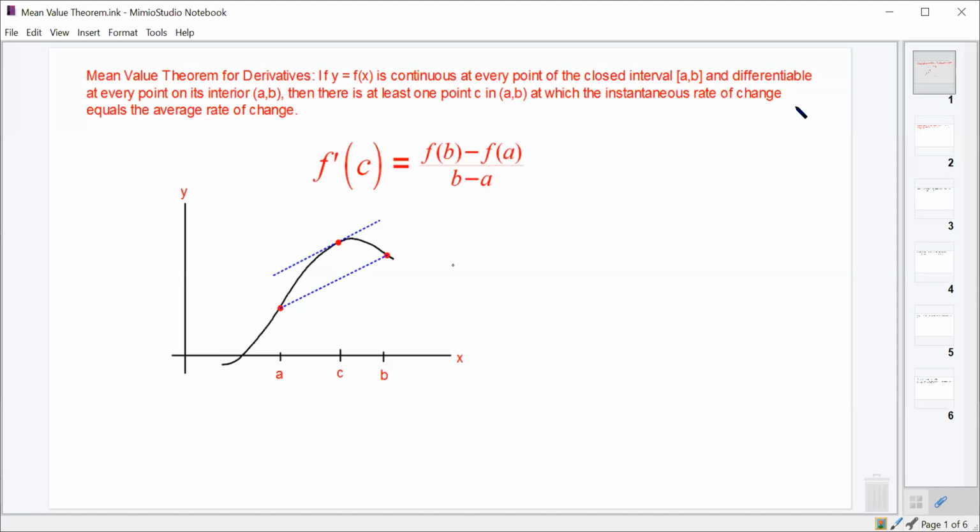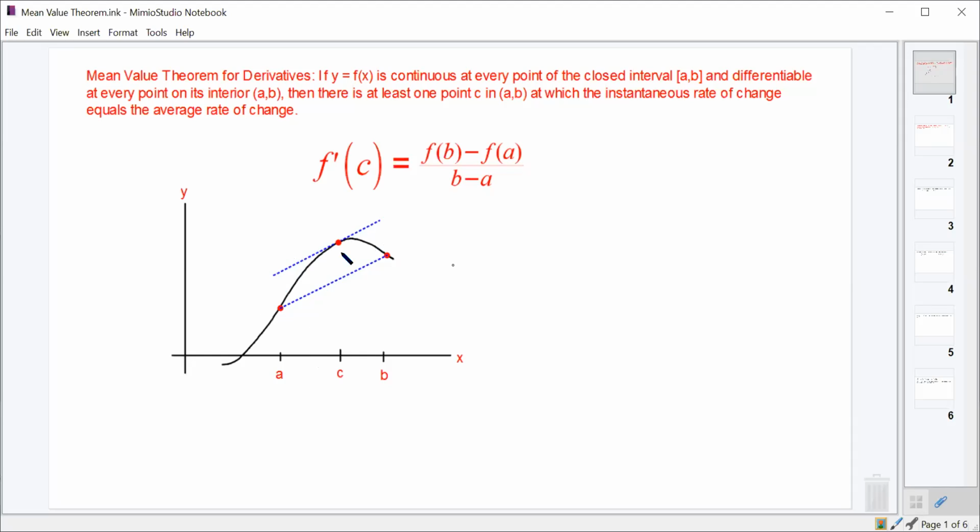The mean value theorem for derivatives simply states that if you have a function that's continuous on a closed interval from a to b, and it's differentiable on an open interval from a to b, then there is on that interval at least one point, and we call it c, where the instantaneous rate of change, right, so the slope of the tangent line, is equal to the slope of the secant line between a and b, or the average rate of change on that interval. Okay, so that's the mean value theorem for derivatives.